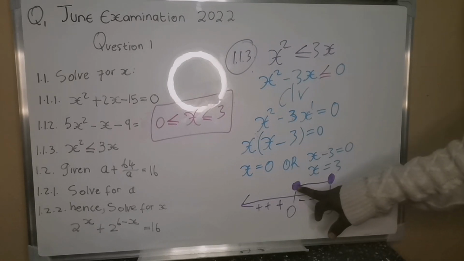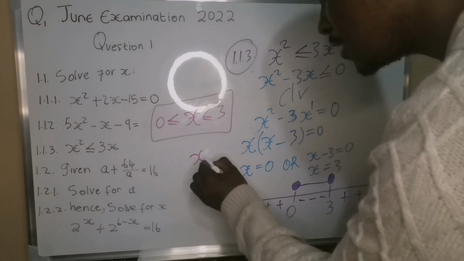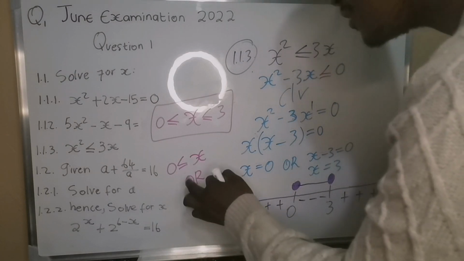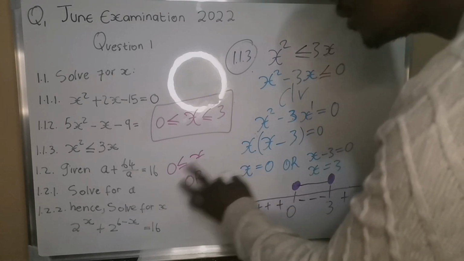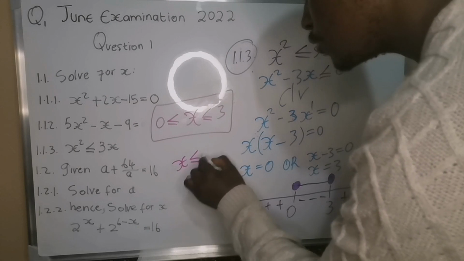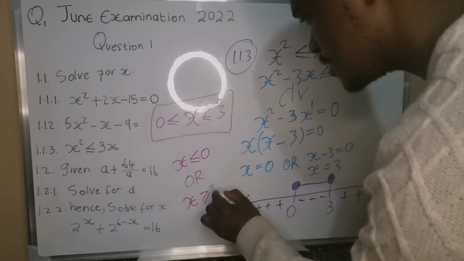But if our signs were shaping in the opposite side, then we'll say x is smaller than or equal to 0, or x is bigger than or equal to 3.